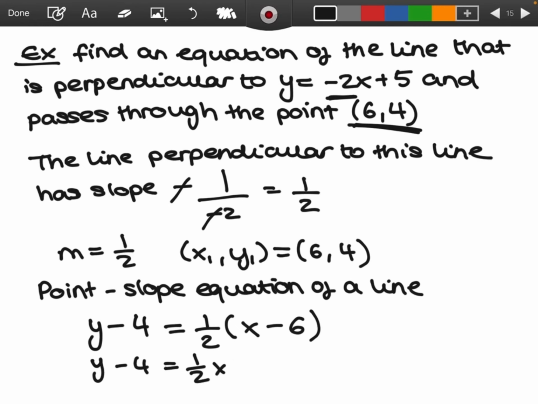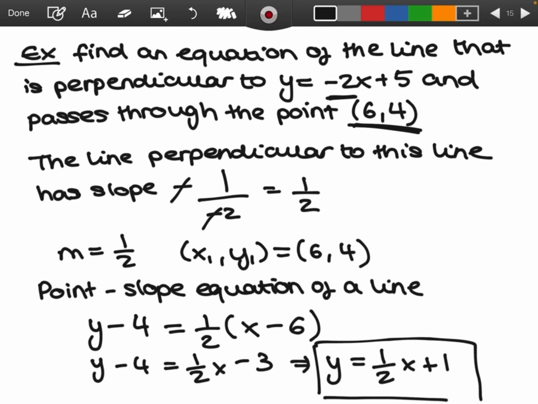So that's y minus 4 is equal to 1/2 x, and then 1/2 times negative 6 is negative 3. Then I'm going to add 4 to both sides, which gives me y is equal to 1/2 x plus 1. So this line here is perpendicular to the original line, and it has the added property that it passes through this particular point.